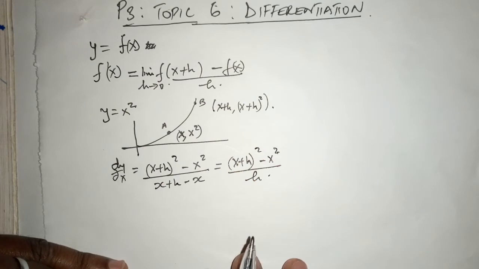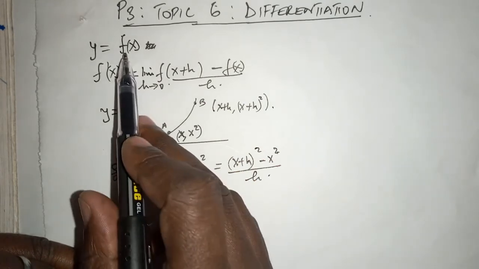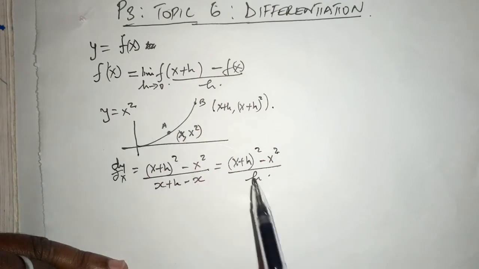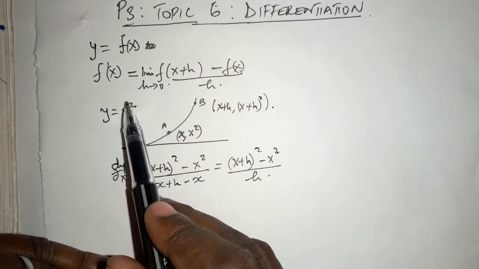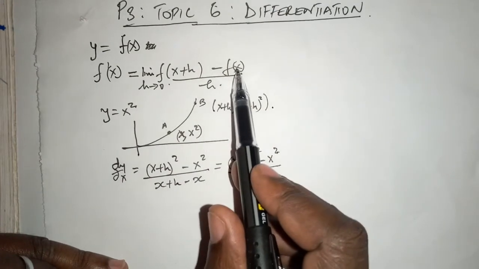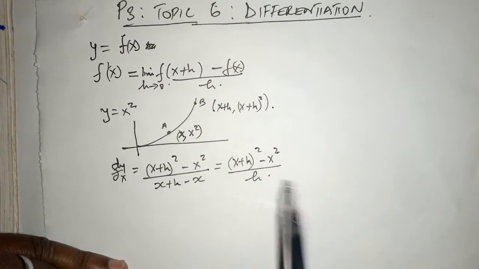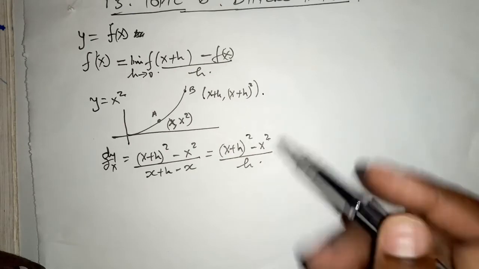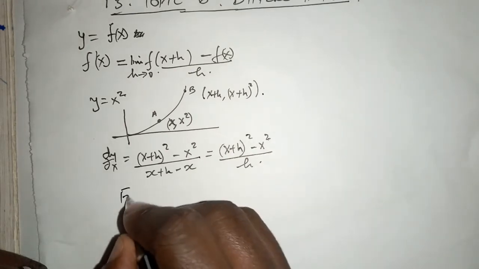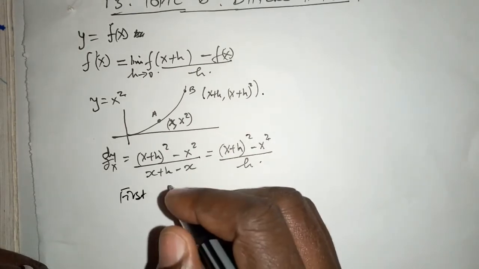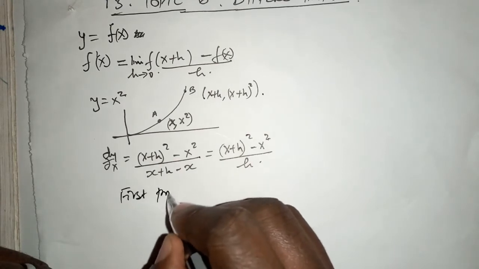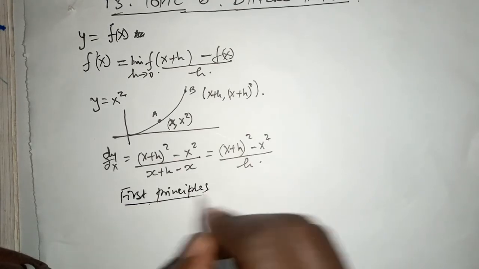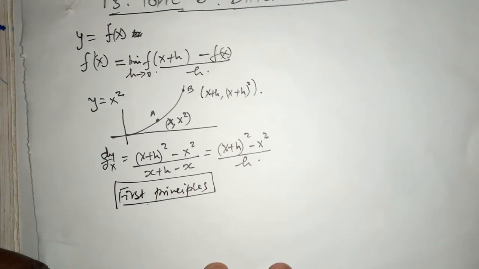And that is why we say if we have a function f(x), then the derivative becomes f(x plus h) minus f(x), all over h. This is just a reminder. This is called the first principle approach.